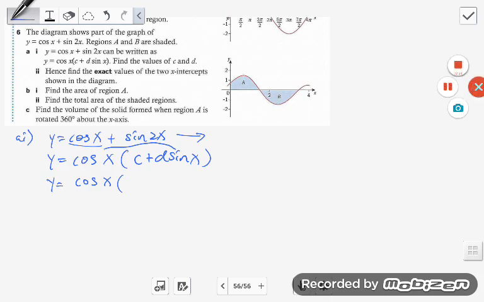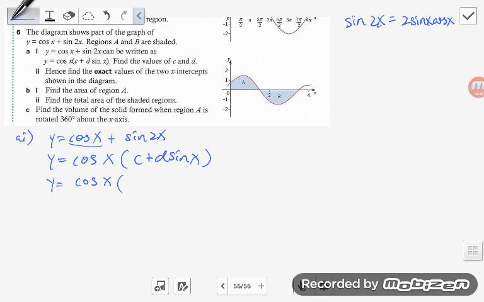However, there's this identity that says sine 2x is equal to 2 sine x cos x.